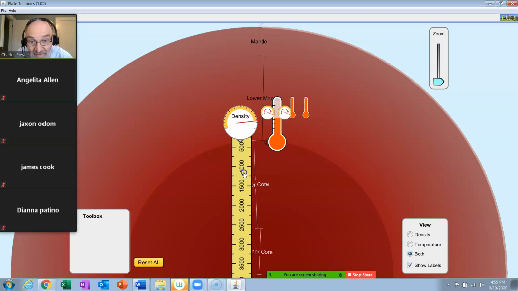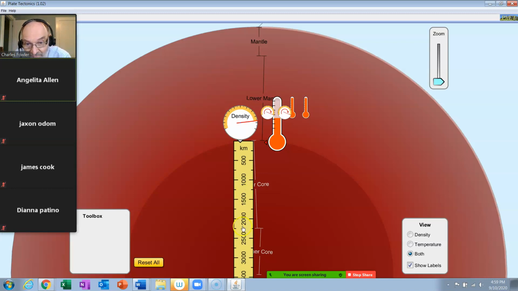So let's go outer core to there. That looks about 2,000, that's 2250. The thickness of the outer core appears to be about 2,250 kilometers. Oh my word, that's the outer core. Everybody got it?